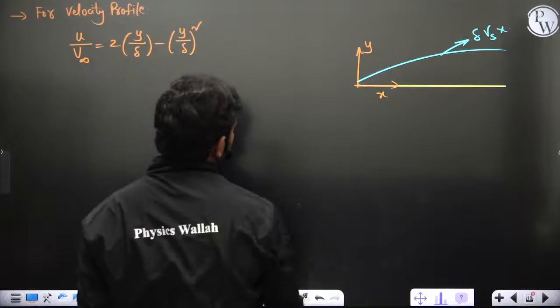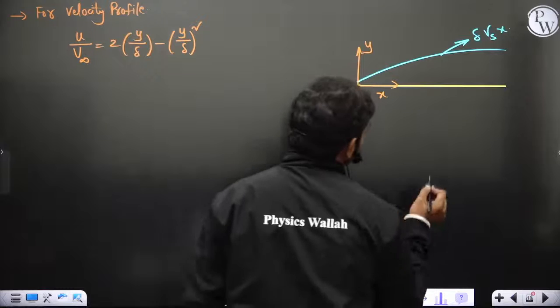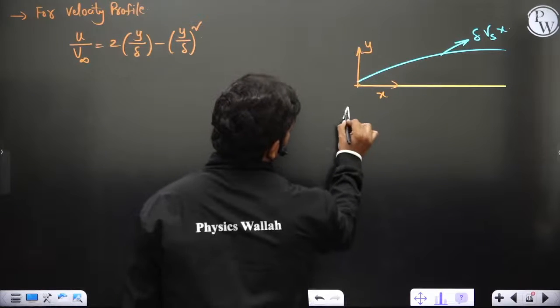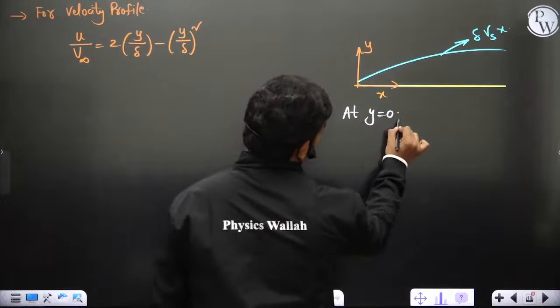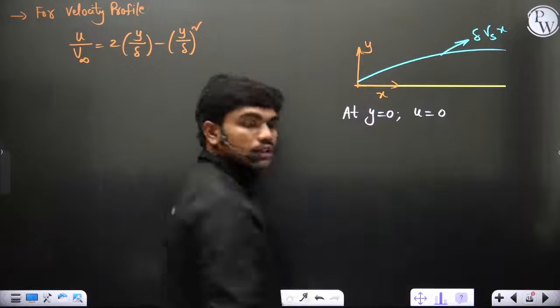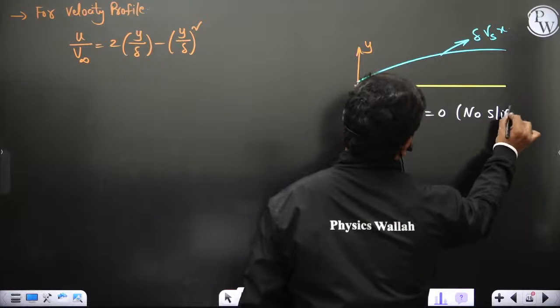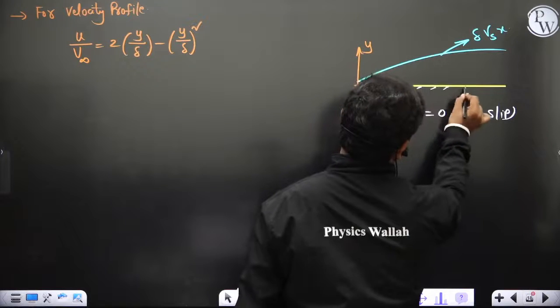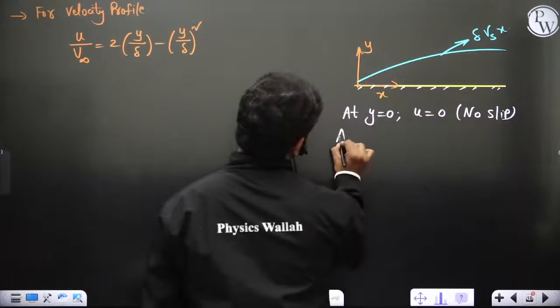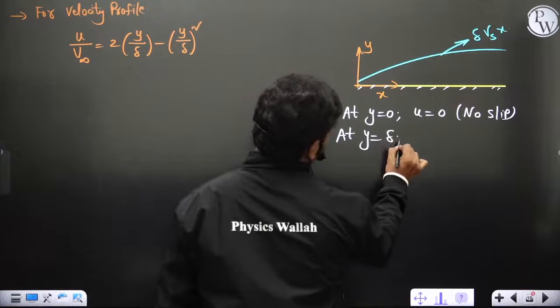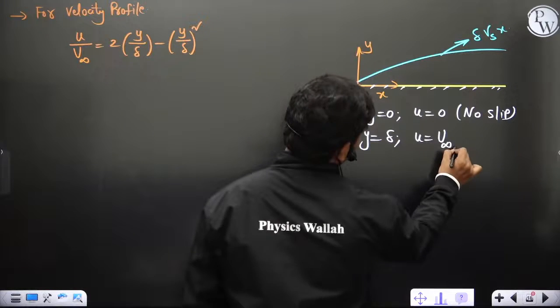Why this is important is, look, we have three boundary conditions at any point. At y equal to 0, what is u? It is 0, because of no slip. At y equal to delta at any cross section, what is u? U infinity, very close.